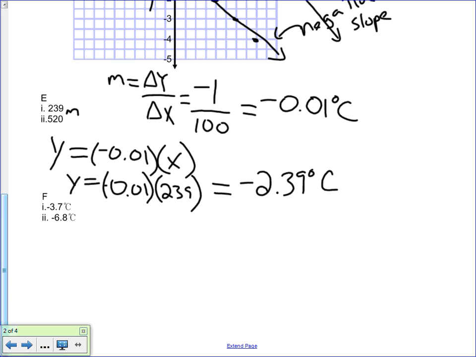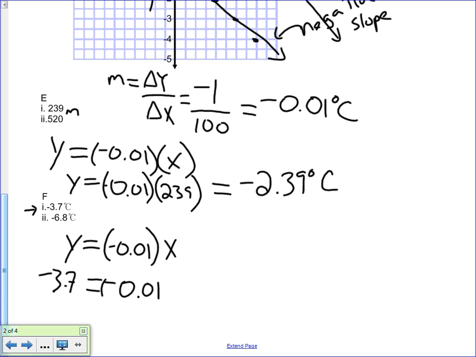So that's a very easy way that I can calculate what my temperature will be at different elevations. Now, if I was given the temperature and I was to ask, well, at what elevation would this temperature exist? I can do the same thing, applying the same formula, but now I've got the y value. So -3.7 degrees is equal to -0.01 times x.